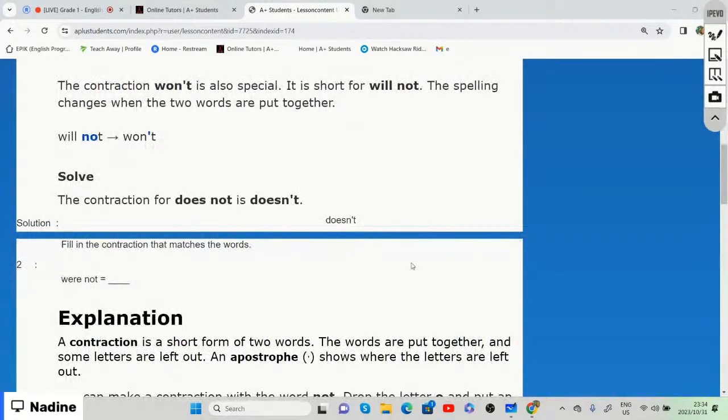So cannot is can't. Then we have will not. Do we say it's going to be won't? So will not. And remember we said that the first word stays the same.